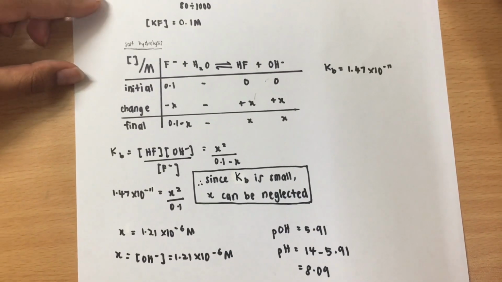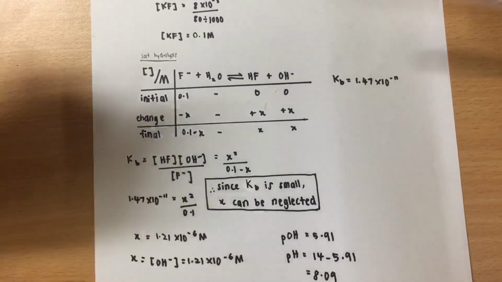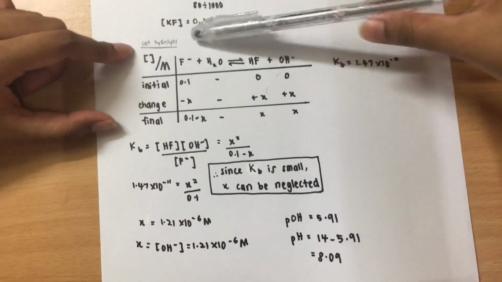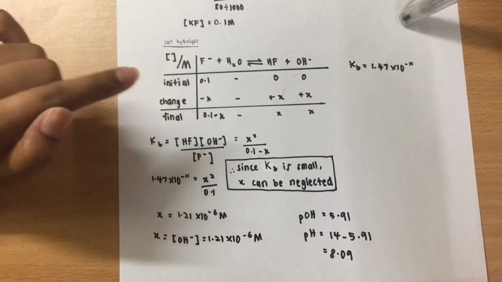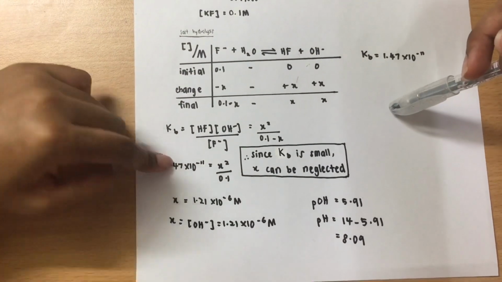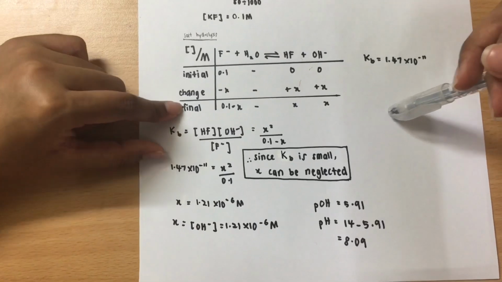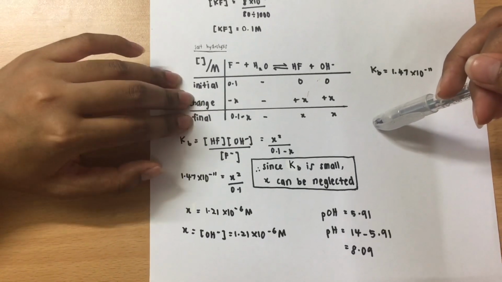Since F minus is a strong conjugate base, it goes through salt hydrolysis, which is a reaction with water, and then we have to calculate the concentration by using the ICF table.